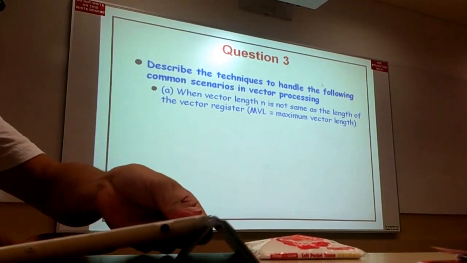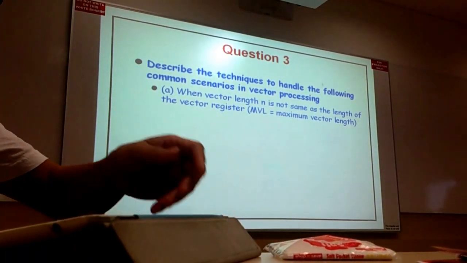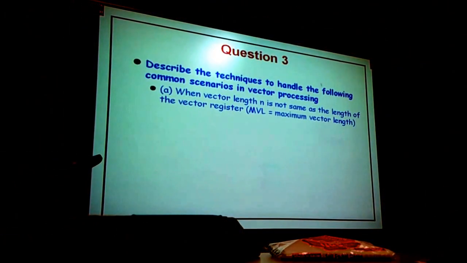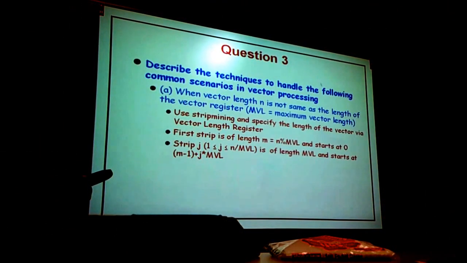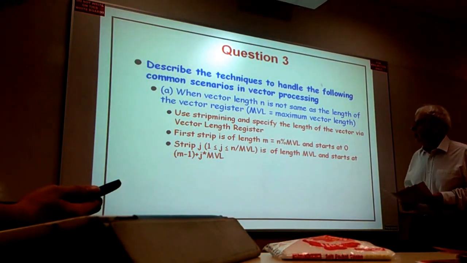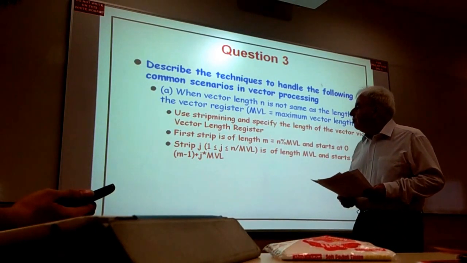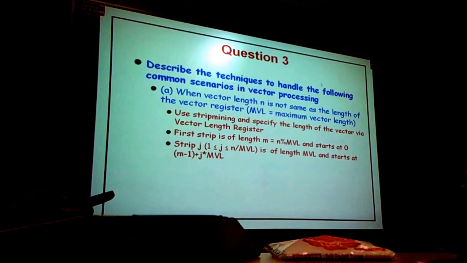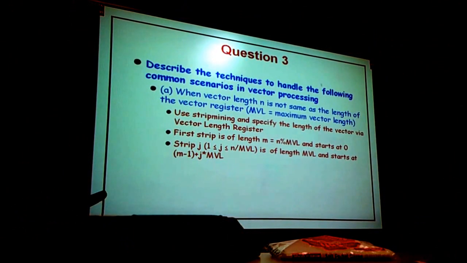Well, we can use the vector length register, but how do we use it? We can use a technique which is called strip mining, and then we can use the vector length register to indicate how many elements we have in our register.